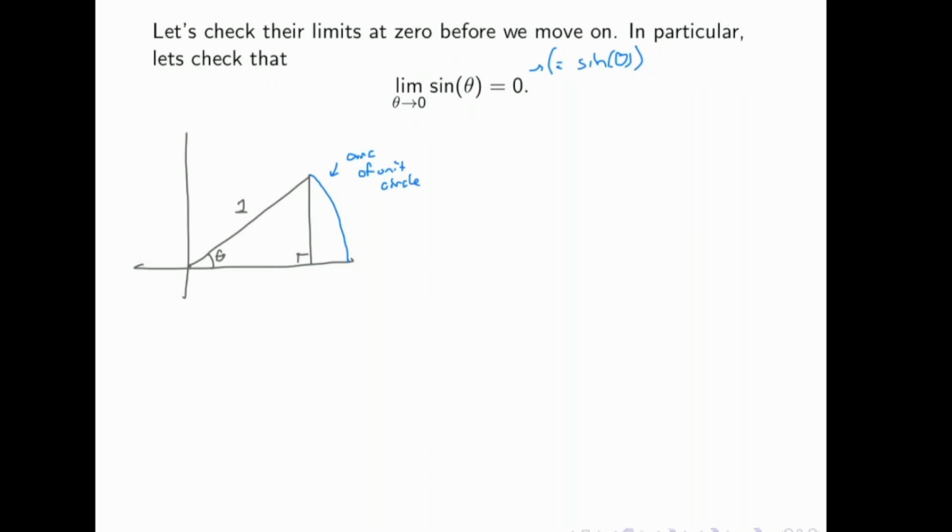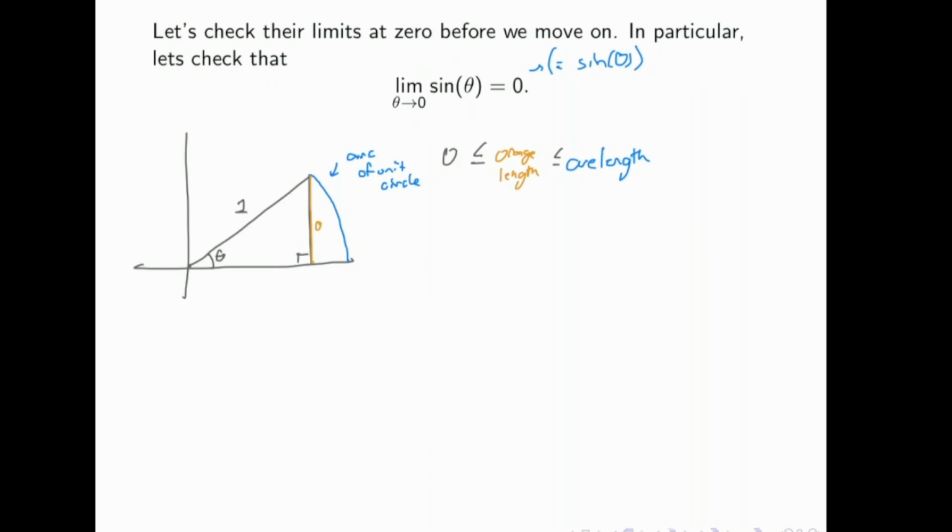And we can compare that with this length. So the blue arc length should be greater than the orange length, which is the opposite side. And that should be greater than or equal to 0.